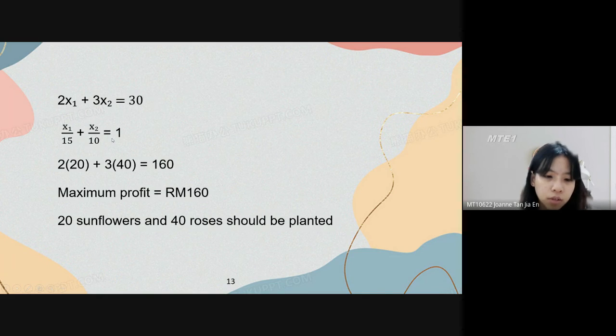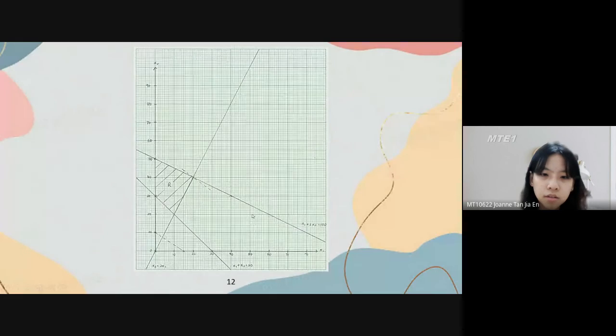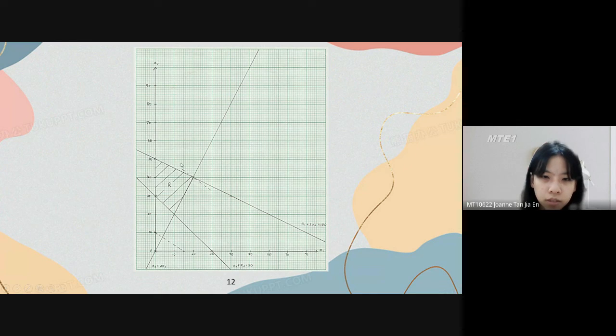The coordinate we get is 15 and 10 after dividing by 30. Thus, we should plot that 15 and 10. Then we should move outwards straight and reach this point, which is the maximum. The maximum point is here, so this is the maximum profit which we will get.